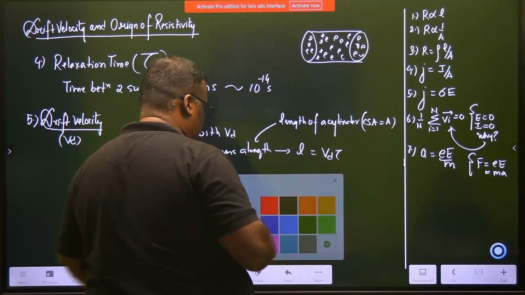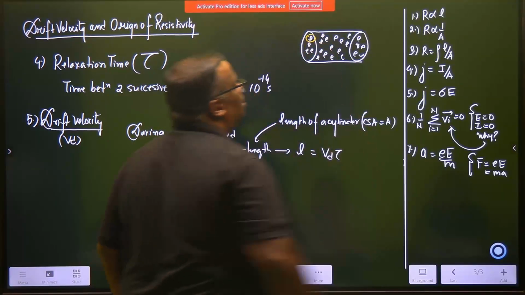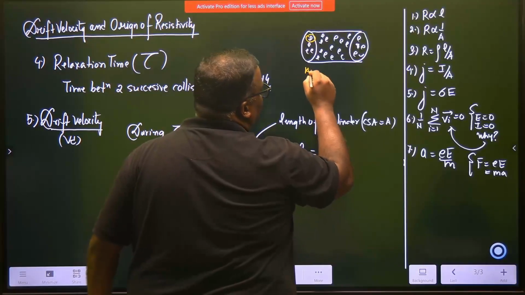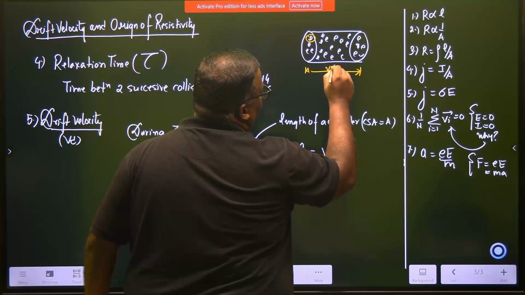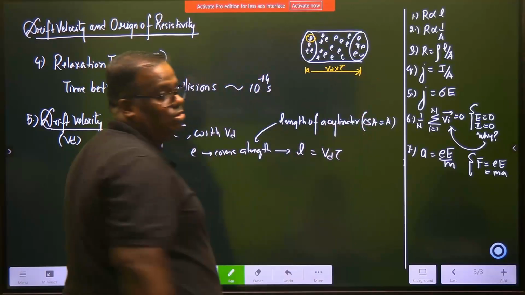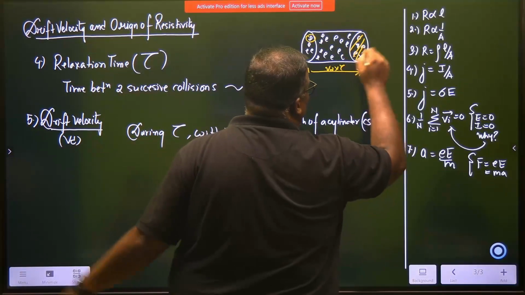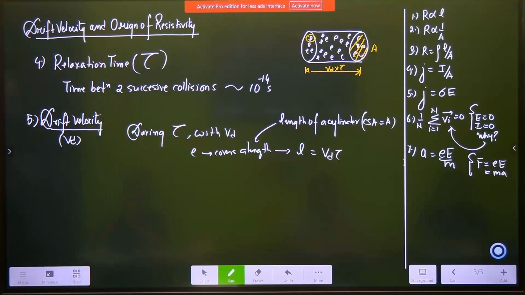Out of these electrons, you picked up one small electron. And in tau time, it has actually covered a length. How much is the length it has covered? Vd multiplied by tau. Distance equal to speed into time. And what is the cross section of their stream? A. This is what I'm saying. Agreed? Very good.